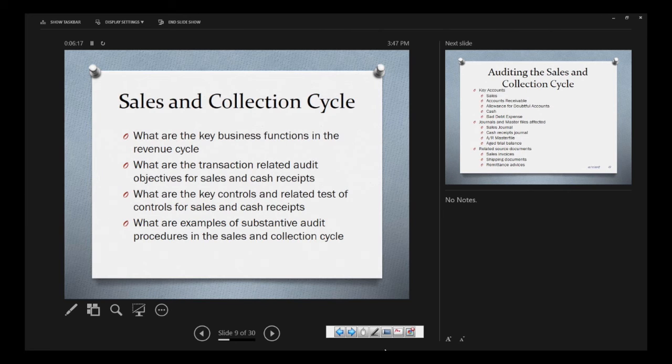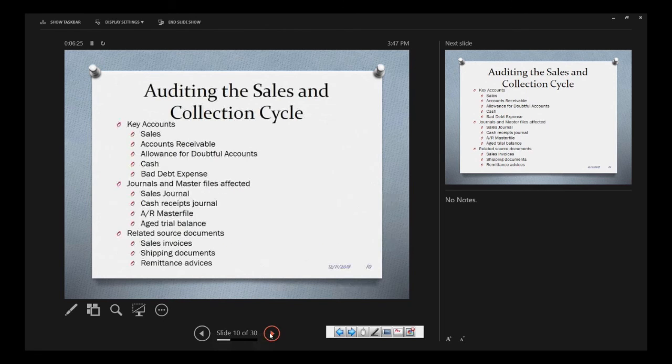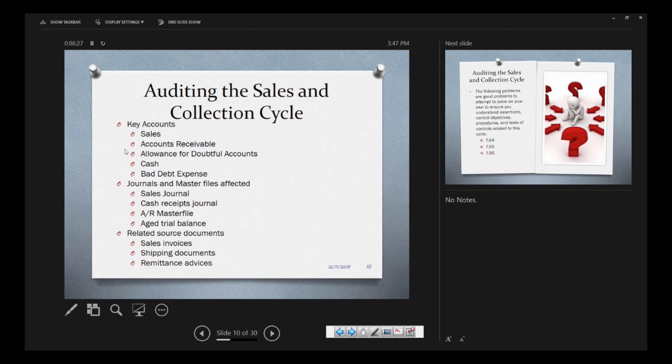And again, remember, substantive audit procedures are substantive tests of account balances, tests of transactions, and analytical procedures. So again, you have all of this. These are the key accounts, key journals that are used, and key source documents for this sales and collection cycle.